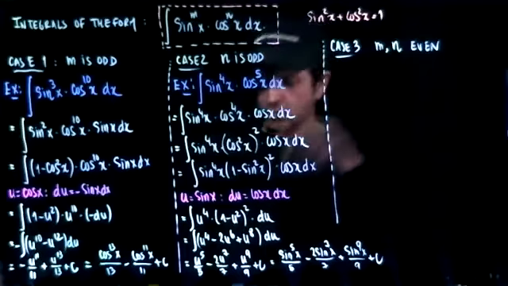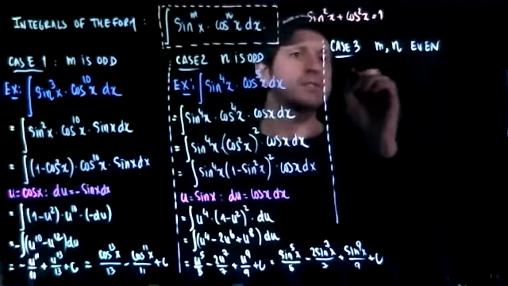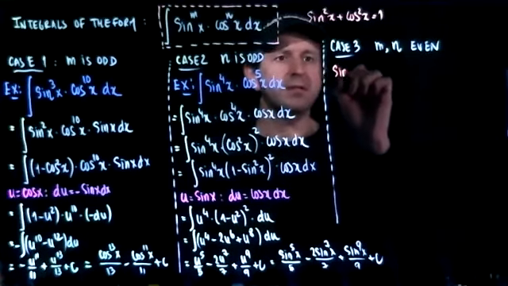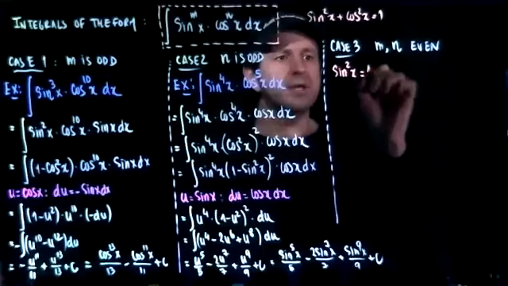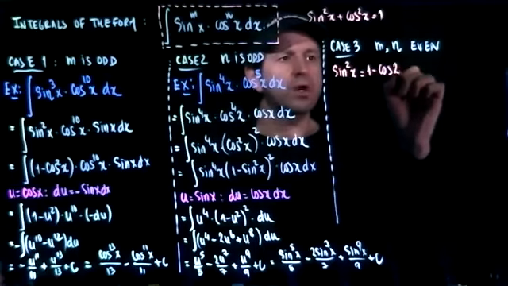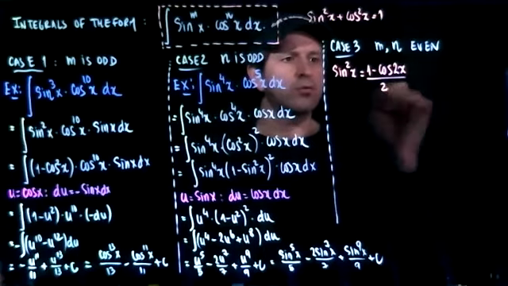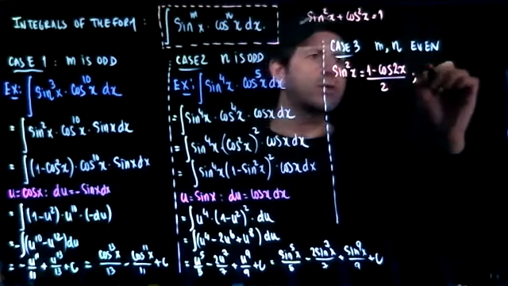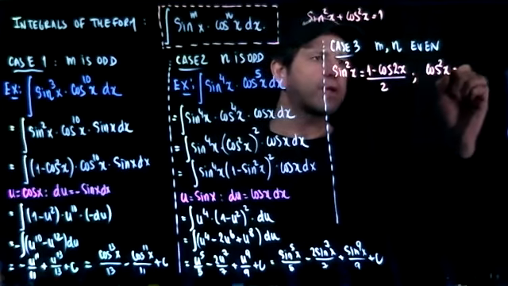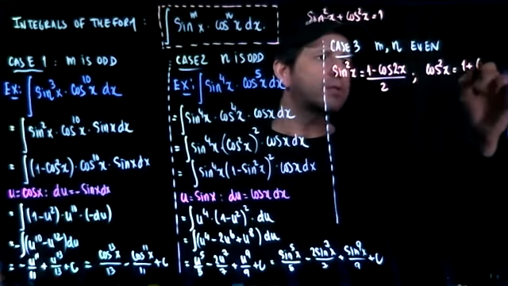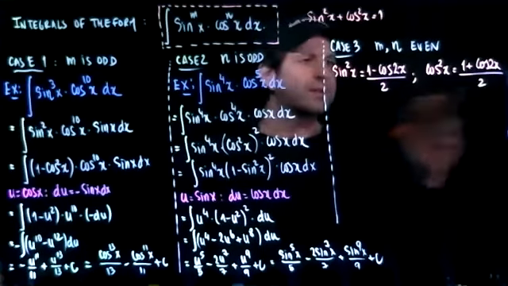Most of you don't, unfortunately. They are: sine squared of x is (1 minus cos of 2x) over 2, and cos squared of x is (1 plus cos of 2x) over 2.